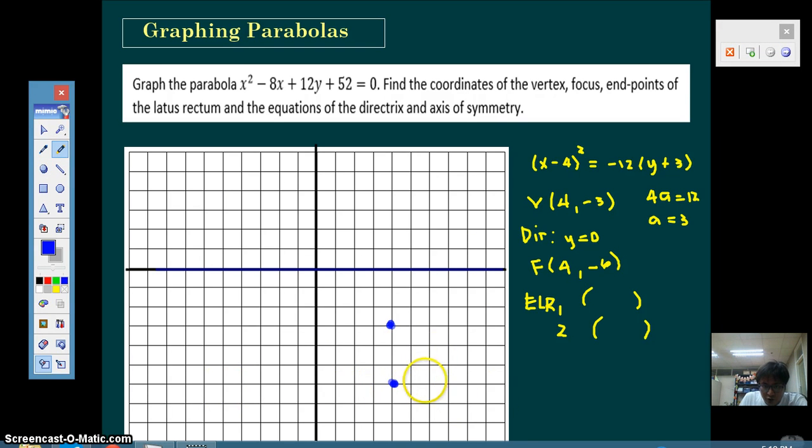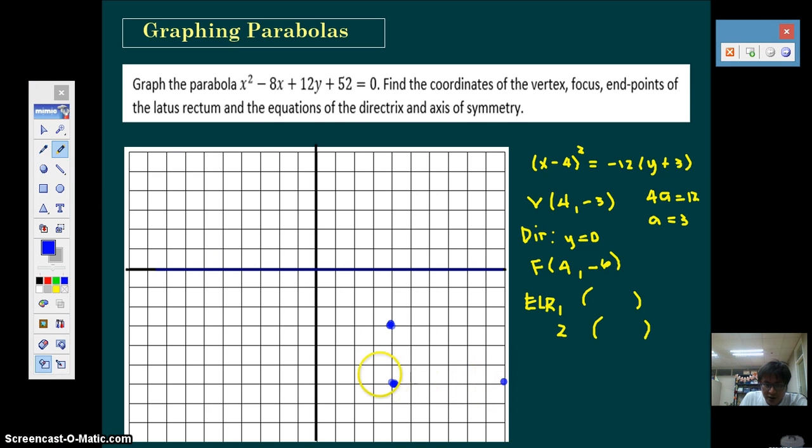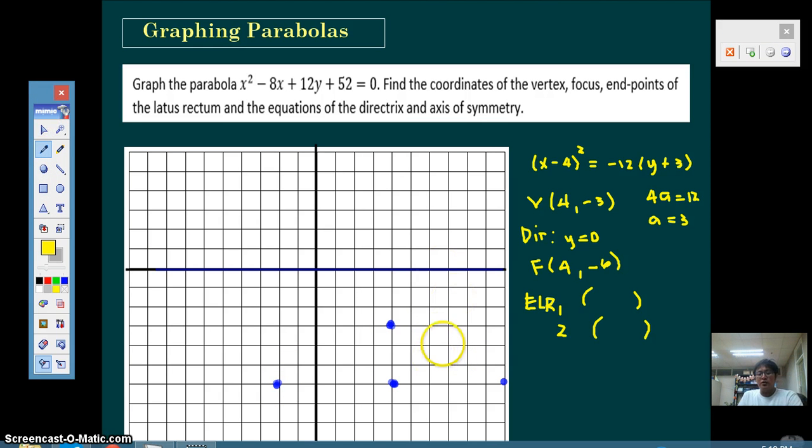So you have 1, 2, 3, 4, 5, 6, and then 1, 2, 3, 4, 5, 6. There are the latus rectum endpoints. Notice again that the endpoints of the latus rectum and the focus have the same y-coordinate.